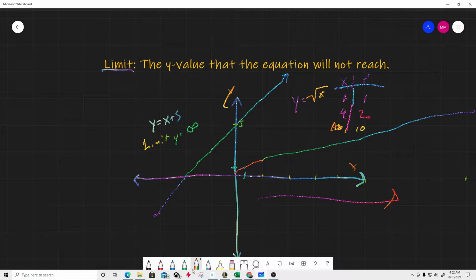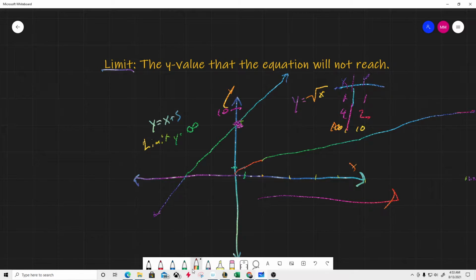If we were just to eyeball this, we'd say, okay, this is 100, and this was our 10. Well, we'd say, okay, it reached that.